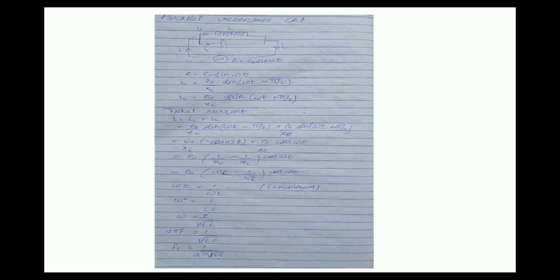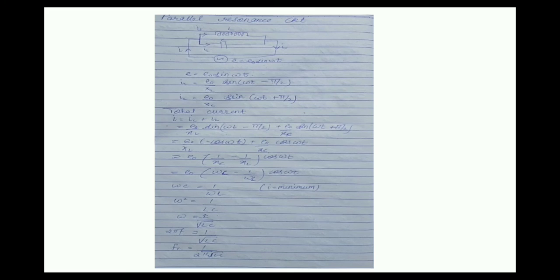In the case of an inductor, the current lags behind the applied EMF by a phase angle of pi by 2. Then the instantaneous current through L is given by IL equals E0 upon XL into sine (omega t minus pi by 2).